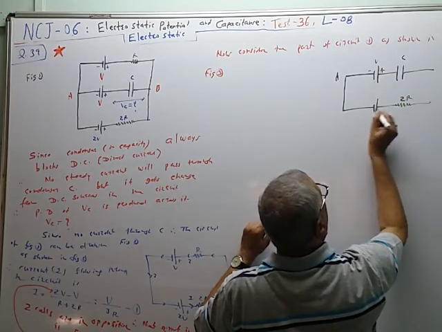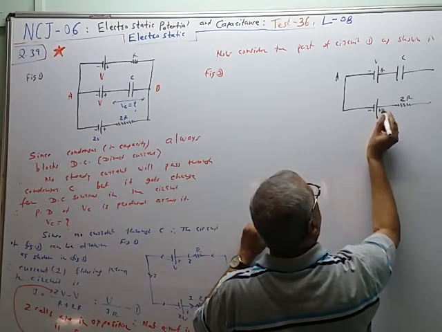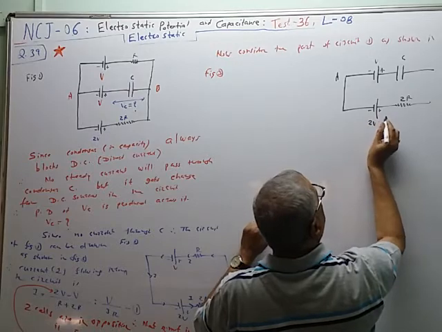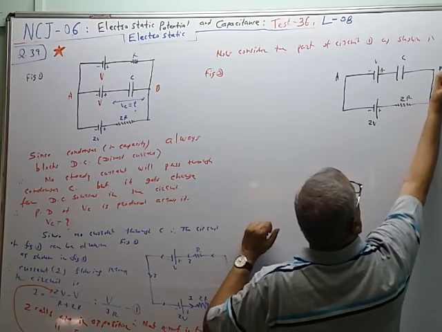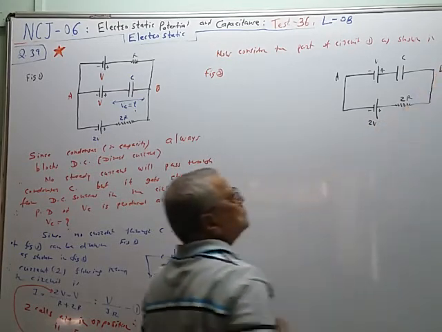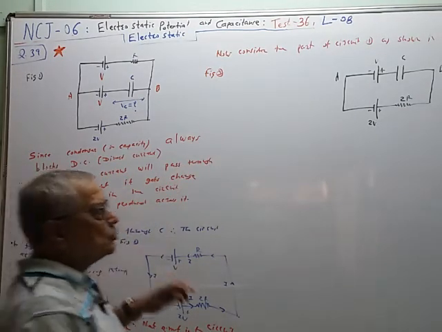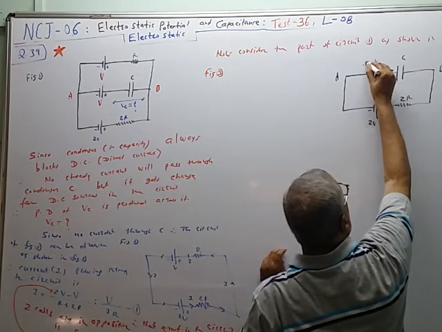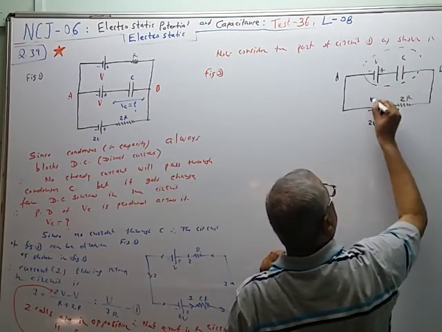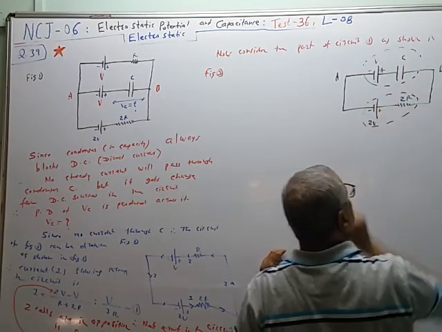This is equal to 2R, 2 times V. So between point A and B, these two branches are in parallel. This is one branch, this is another branch.